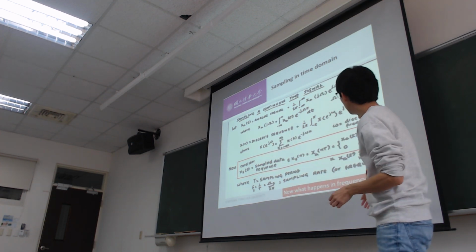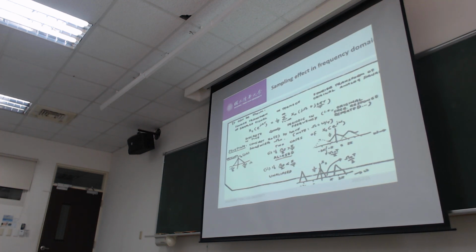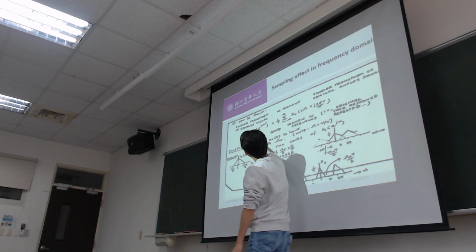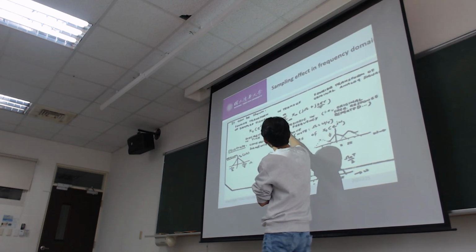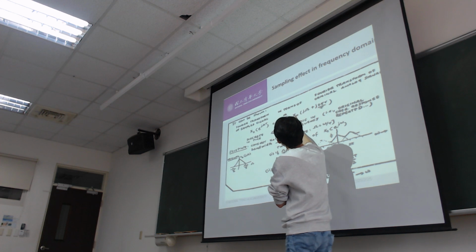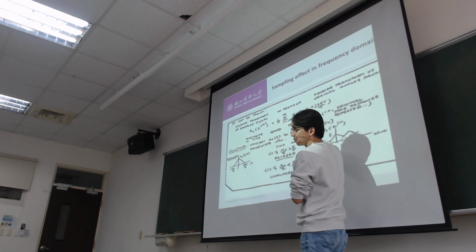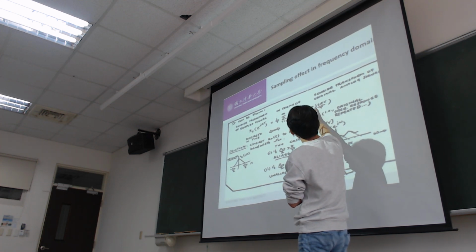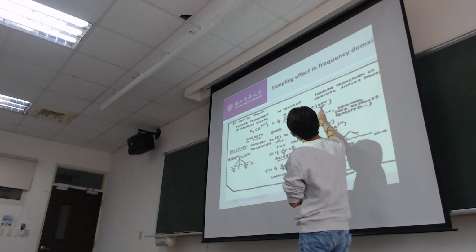It can be shown that the Fourier transform of the sampled signal, X_s(e^jωT), equals 1 over T times the summation over r from minus infinity to infinity of the original analog signal's Fourier transform, with a replication at every j times 2 pi r over T, where r is an integer index.